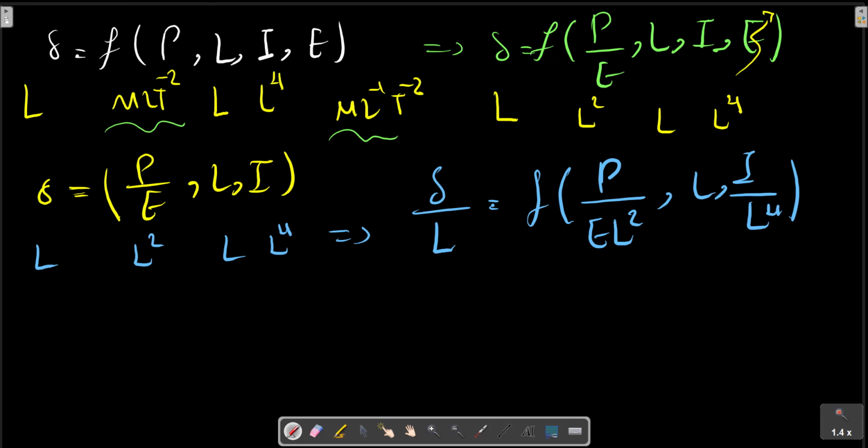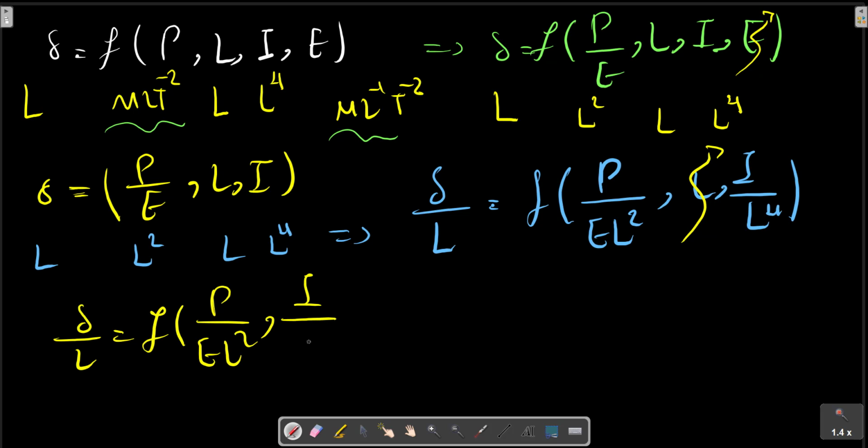In this step we eliminate L. The function reduces to I over L^4.